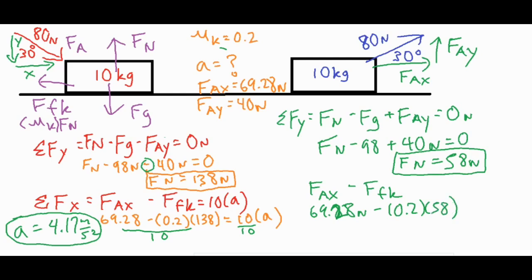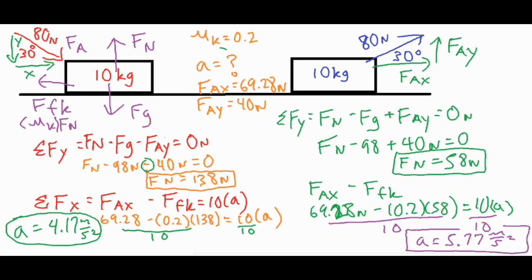Okay, so obviously this one is 0.2 times 58 as opposed to 0.2 times 138. So there is much less friction. So that means that our mass should be accelerating much faster. So once you subtract these and divide it by 10, your acceleration comes out to 5.77 meters per second squared.